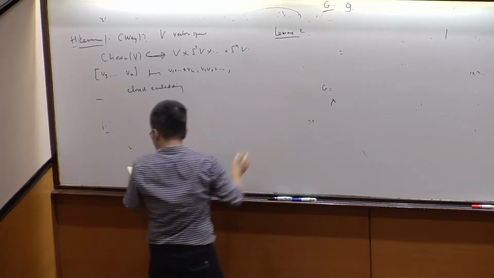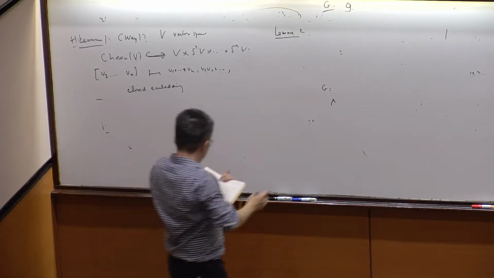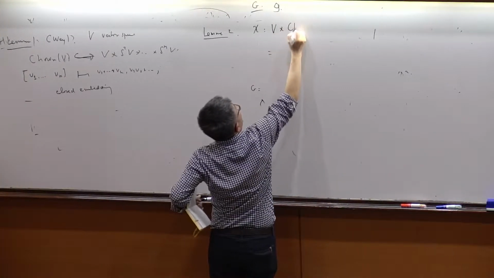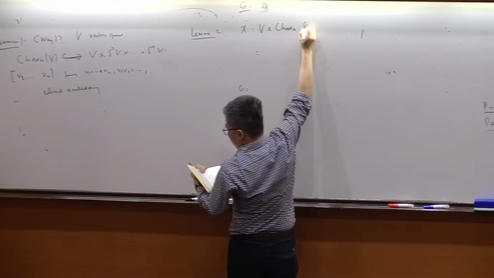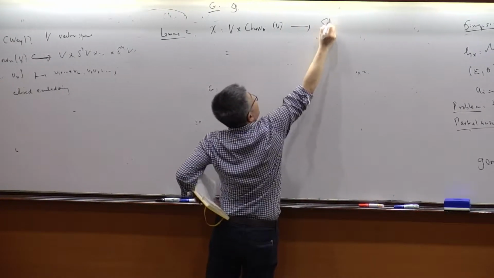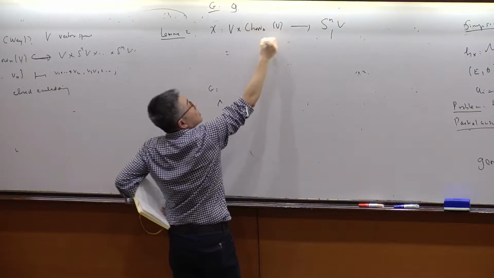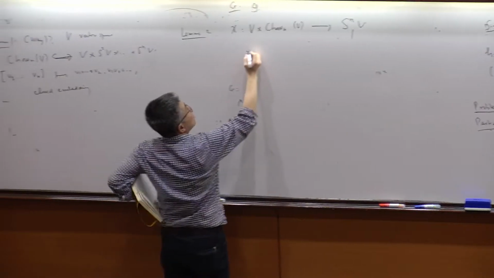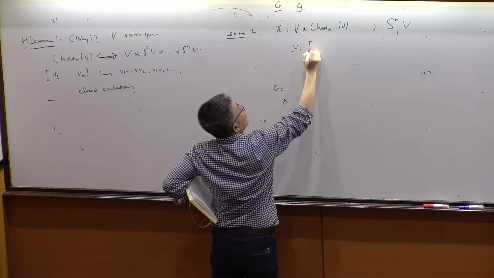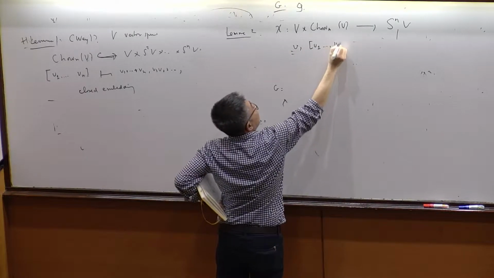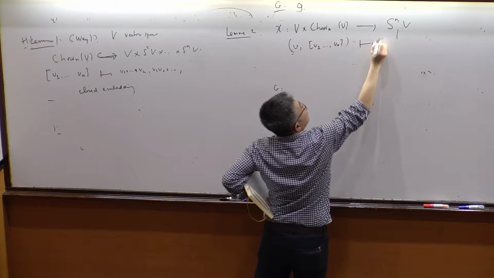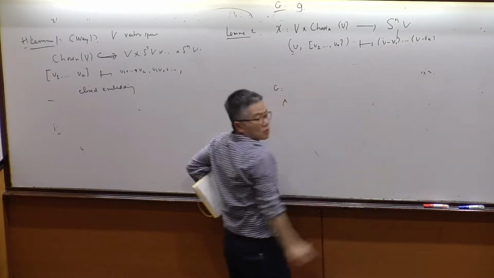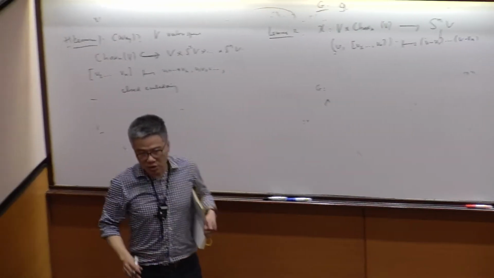also kind of cute, is this. You can look at this map chi n from V times Chow n of V to the symmetric power. This is the symmetric power as a variety, and the symmetric power as a vector space. You map v and a collection v1, ..., vn of vectors to the product (v - v1) times ... times (v - vn), so that you get the symmetric tensor.